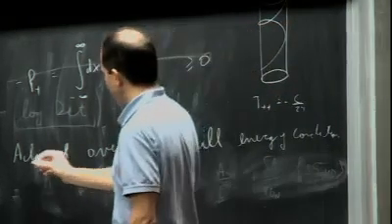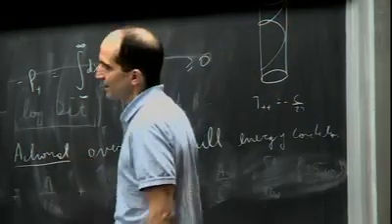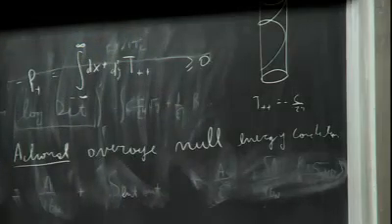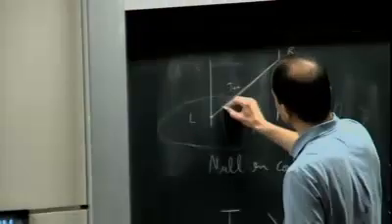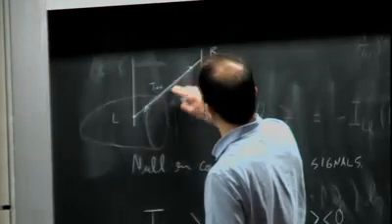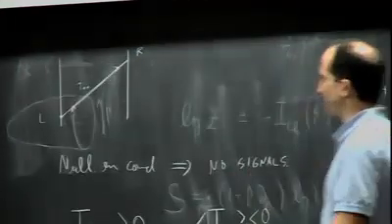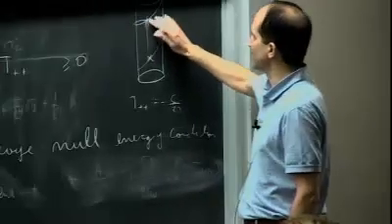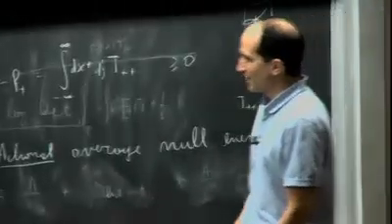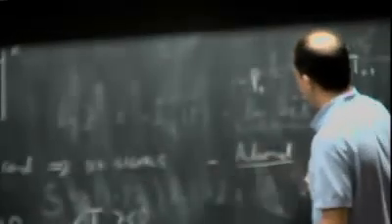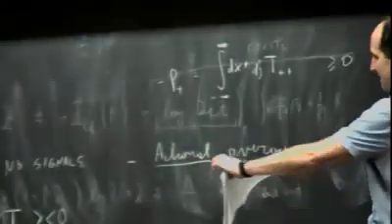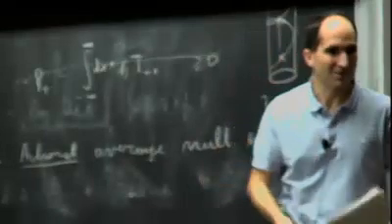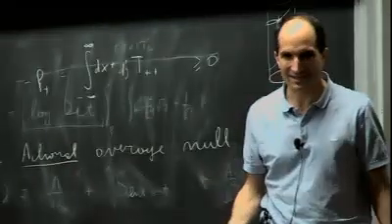But achronal means that the two points along the null line we're considering are not time-like separated, as they are here. Here you can find two points which are time-like separated, so this is not an achronal line. For achronal lines, this null energy condition seems to be true in quantum field theories, and no one has found a counterexample.